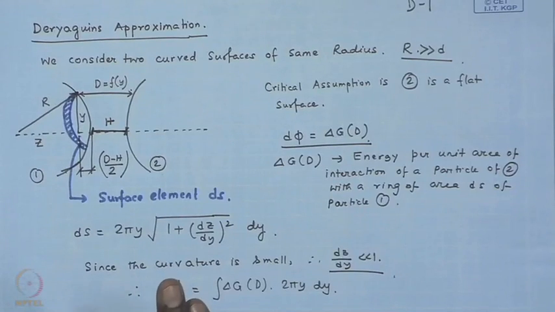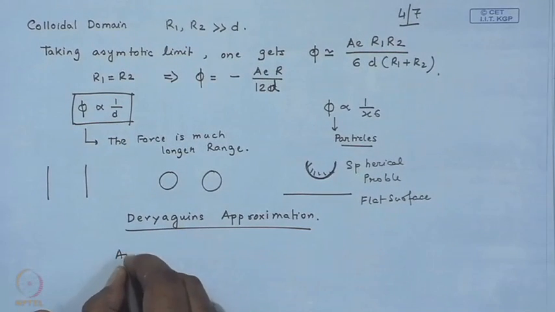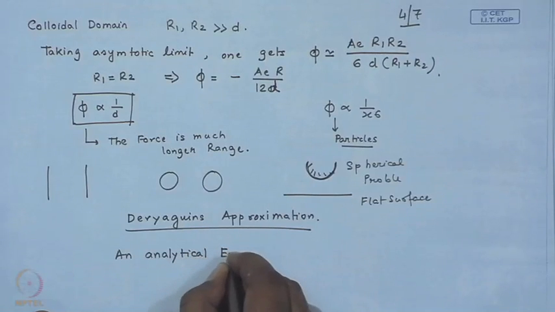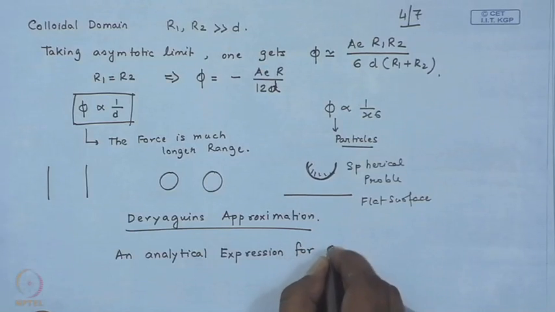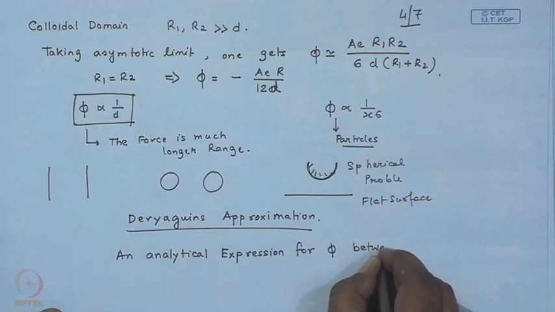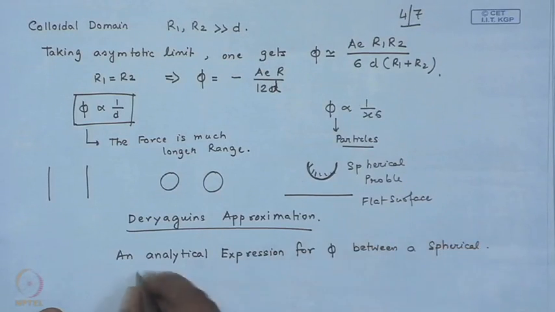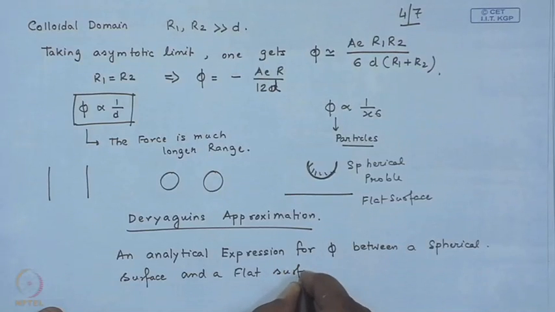So, Derjaguin's approximation essentially is aimed at generating an analytical expression for phi between a spherical surface and a flat surface. Why this?